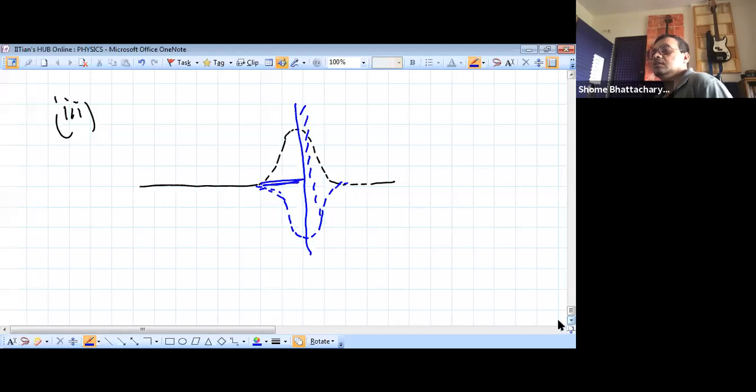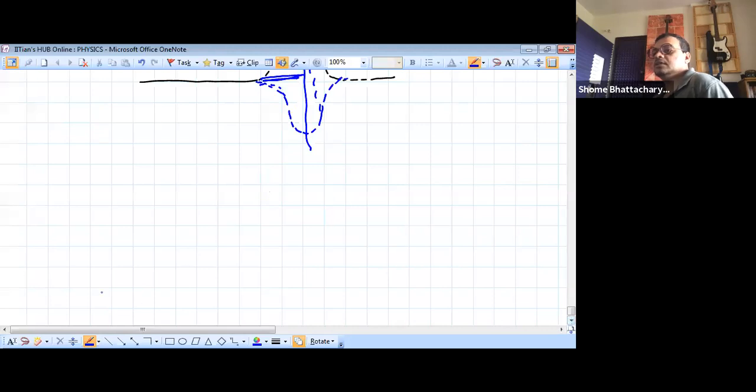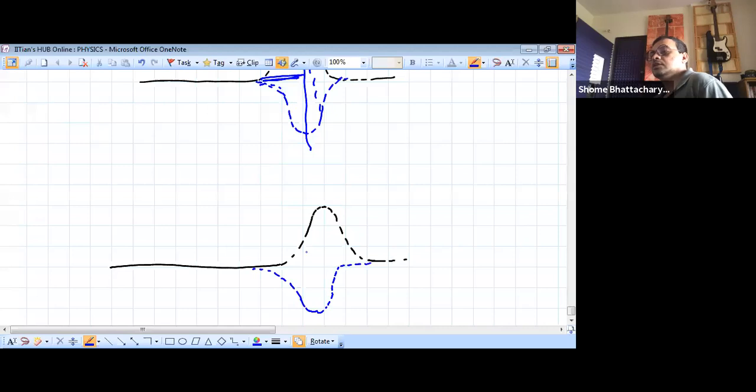And then next picture, what will happen is that the reverse pulse has now actually crossed over to some point like this.